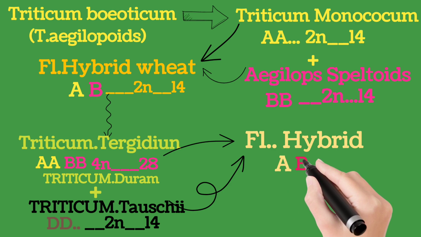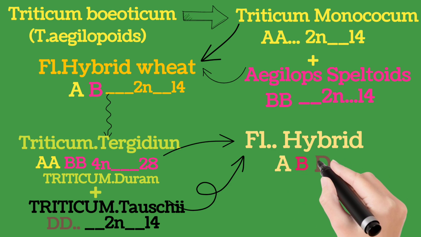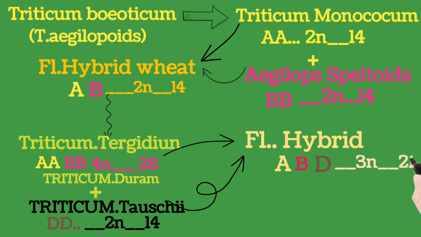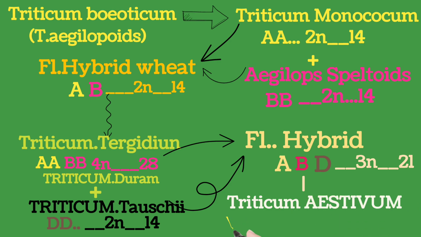It got half of the chromosomes from Triticum turgidum and Triticum tauschii. So it is a triploid, but it was non-viable. It does not produce fertile seeds. Then after chromosome doubling of this wheat, it formed the normal type of bread wheat called Triticum aestivum with 6 sets of chromosomes equivalent to 42 chromosomes. So this is the case of allohexaploid.